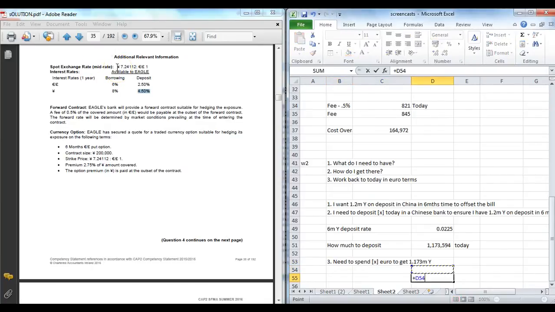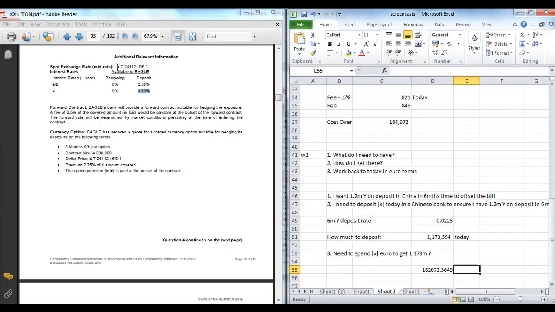So in euro terms, it's 1.173 divided by 7.24112. So that's euro today, and that's essentially what I want to work back towards. To ensure I have 1.2 million Chinese yuan on deposit in 6 months' time, I need to exchange 162,000 euro today.